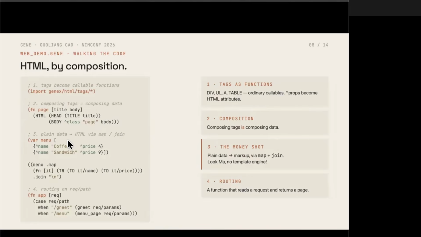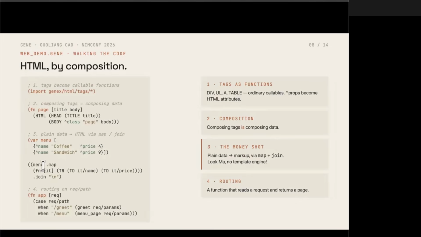And third, you have some plain Gene data here, like an array of maps. Each item contains a menu item, with a name and a price.